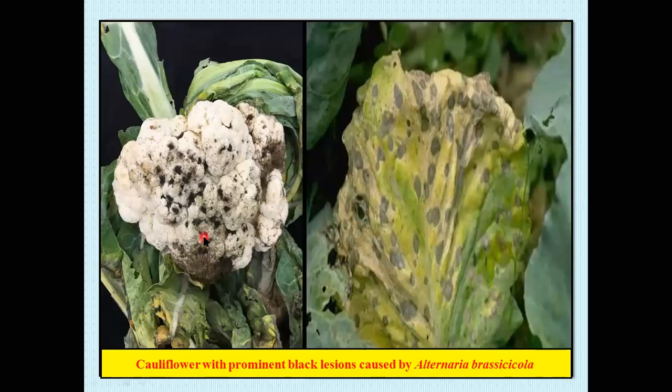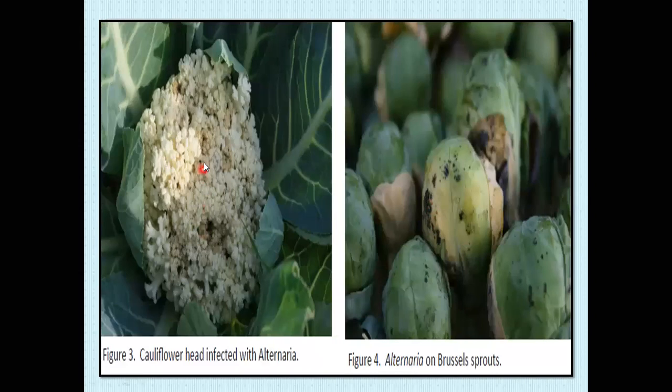Then this is the cauliflower curd. These blackish lesions or spots are generally seen on the leaf portion as well as the curd portion of the cauliflower. Here are the cauliflower heads, in which a number of brownish to blackish spots are seen.